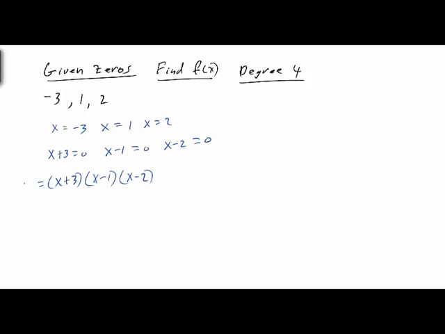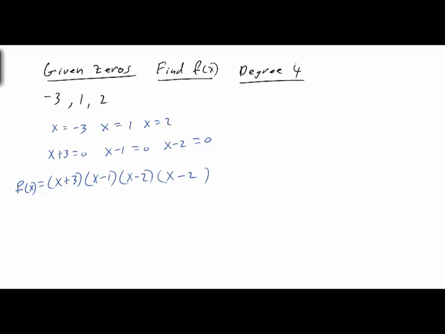Now, this here is going to give us our function. But notice that if we multiply this out, you're only going to have an x cubed. So that means we need to repeat one of these zeros, which means we need to add another factor. We could add a factor of x plus 3, or we could add a factor of x minus 2.